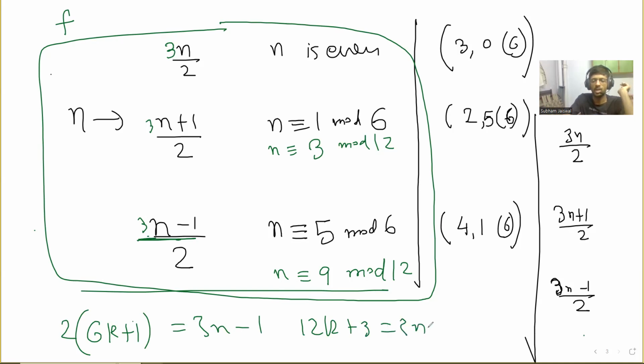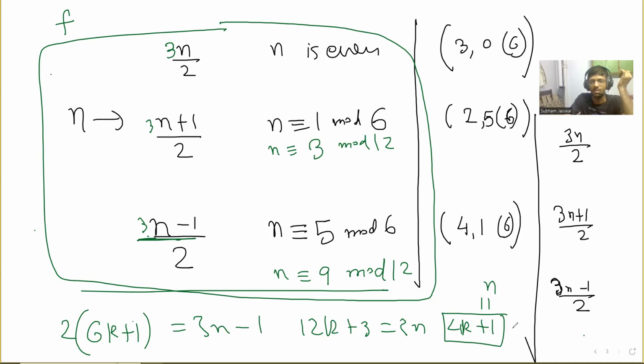This is equal to 3n, and for this, n has to be 4k plus 1.